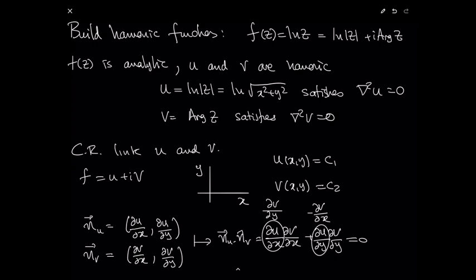In other words, the normals are perpendicular to each other. It means that the normals to these curves are perpendicular to each other, which means the curves on the Argand plane are orthogonal. In other words, if we write down isocontours for u and v, they will intersect each other at right angles. Let's look at an example of this.